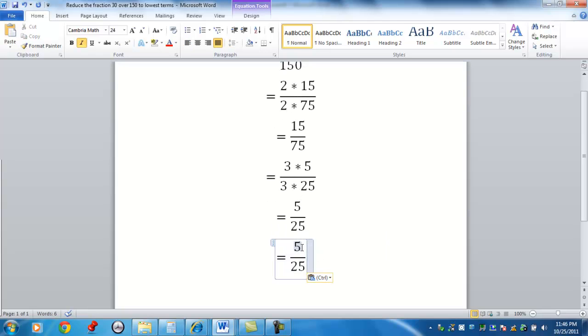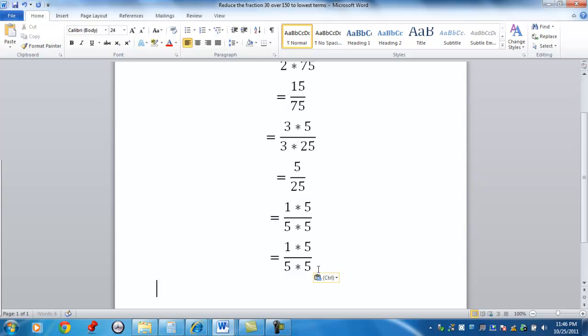So for example, we could say 1 times 5, and we could say 5 times 5. And then the factors of 5 will cancel out. And then you're left with.